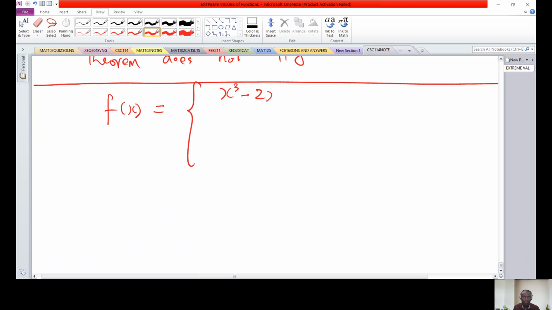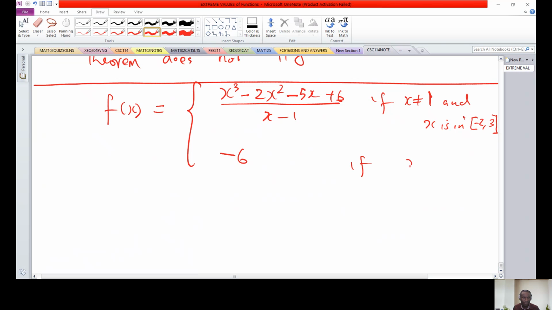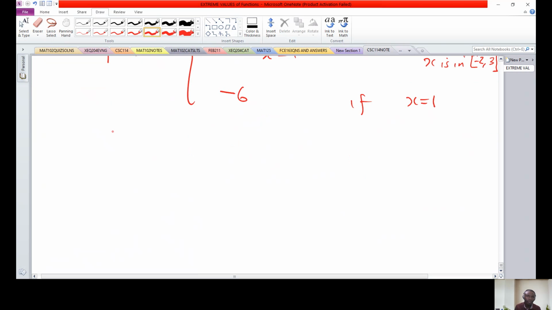And then the last example: f of x equals x cubed minus 2x squared minus 5x plus 6 over x minus 1 if x is not equal to 1 and x is in -2 to 3, and -6 if x equals 1. So this is a piecewise defined function.